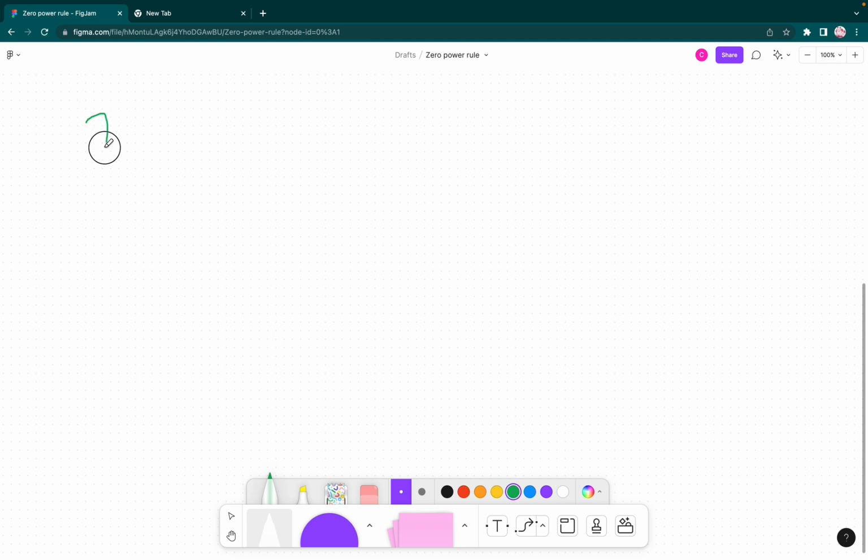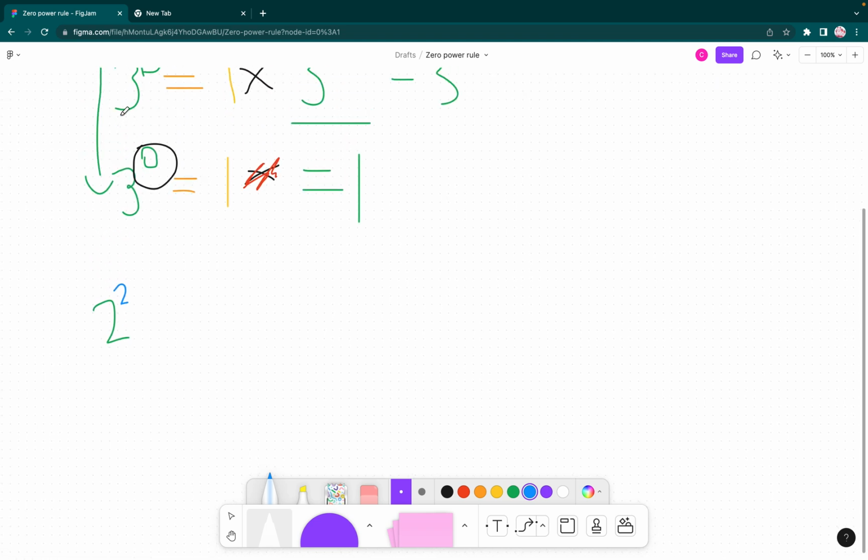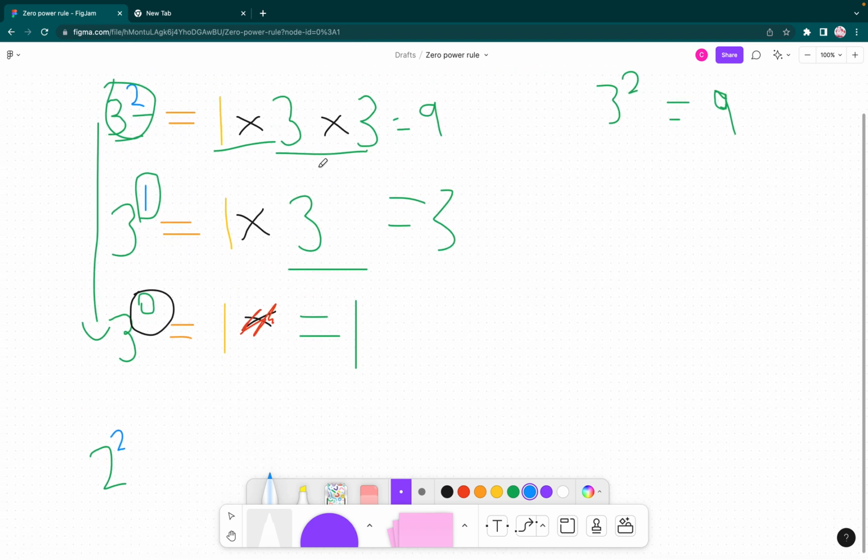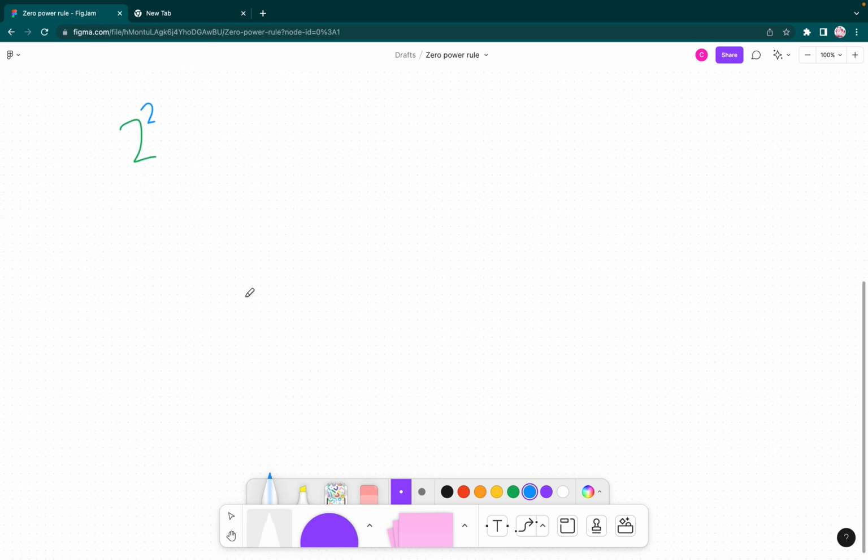And remember, this rule, the zero power rule, everything I just showed you doesn't only apply for 3. It can apply for 2, it can apply for 5, it can apply for 6, any number. So here you go, just start solving them. And yes, I will be giving you more questions, not just zero power rules.